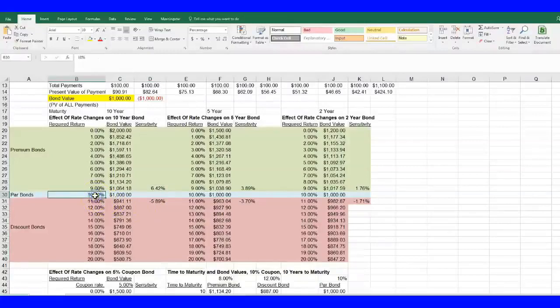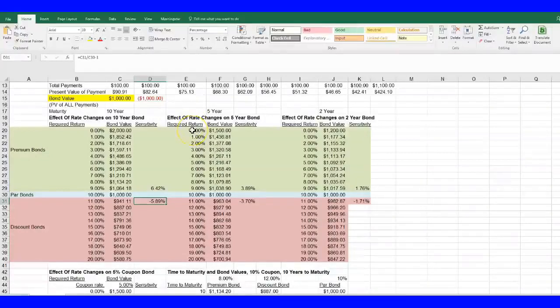Likewise, when interest rates went from 10% to 11%, the same 1% change, but now a 1% increase, the value of this bond has fallen by 5.89%. So relatively small changes in required returns have a pretty big impact on the value of this 10-year bond.